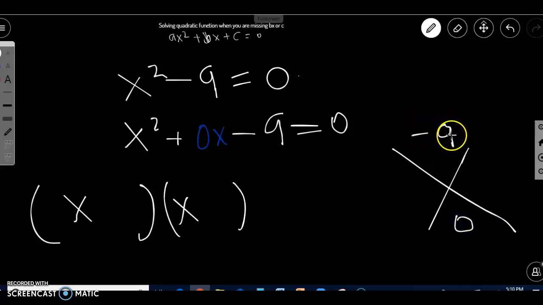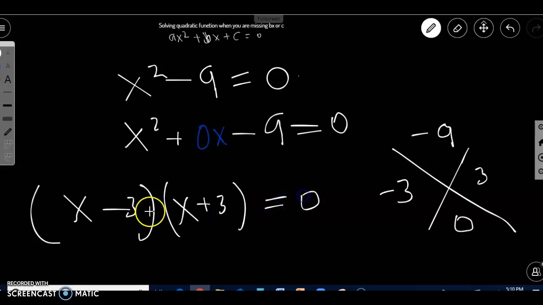What are two numbers that multiply to get -9 and add to get 0? You know it's supposed to be coming from 3, but since the product is -9, one of them has to be negative. So negative 3 and positive 3, and when we add this, we get 0. So it works perfectly. We put -3 here and plus 3 here equals 0.